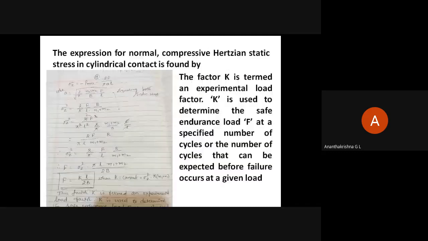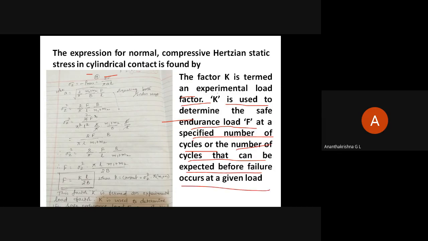Then how it can be done is by a factor called the experimental load factor K. This is used to determine the safe endurance load F at a specified number of cycles, or the number of cycles that can be expected before failure occurs at a given load, right?